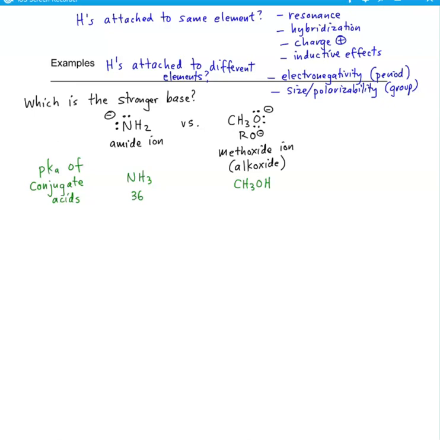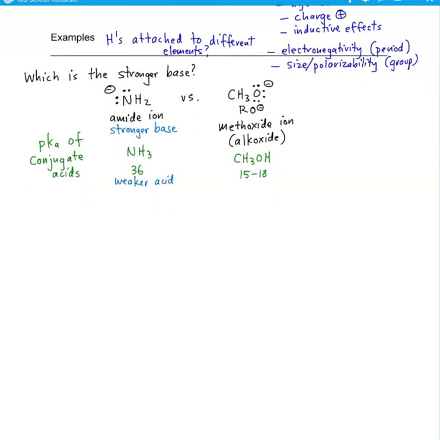CH3OH is an alcohol, so its pKa is going to be in the range of 15 to 18. That makes ammonia the weaker acid of the two acids, meaning that the amide ion is the stronger base. So that's one way you could answer the question.